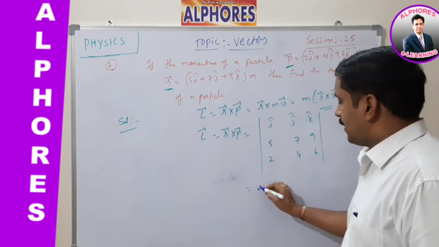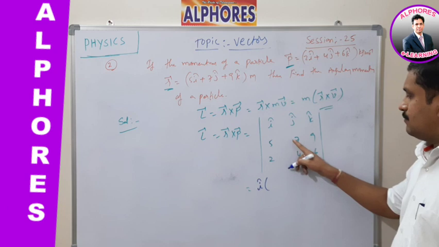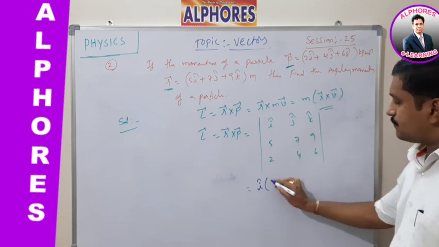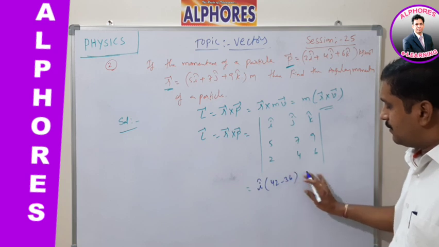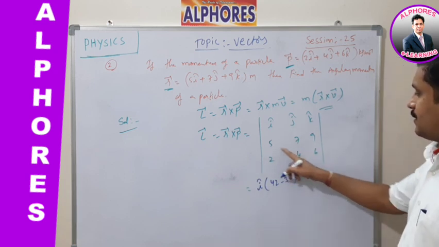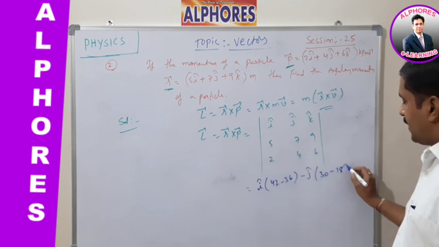So please tell me what happens to this value after solving. I cap into 6 7s are 42 minus 36. Next, minus j cap into 5 6s are 30, 30 minus 18, as per the concept only.